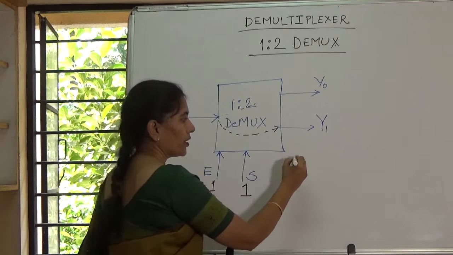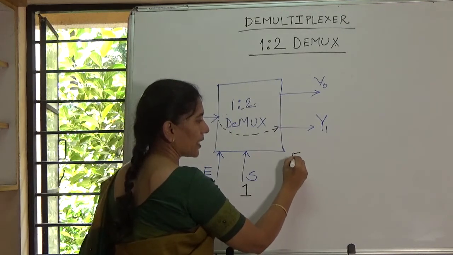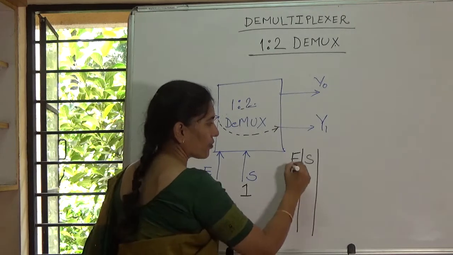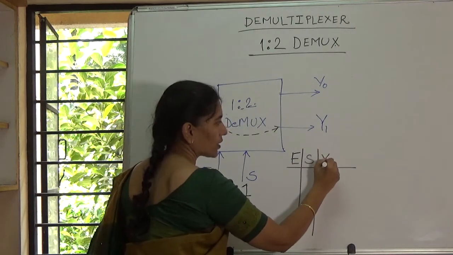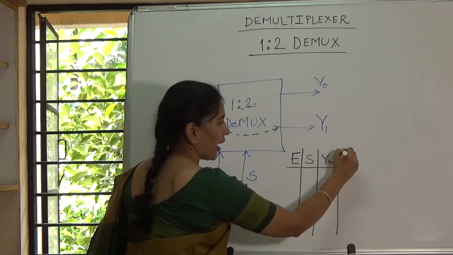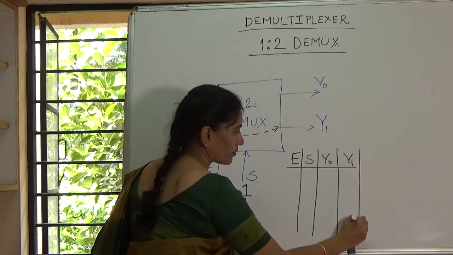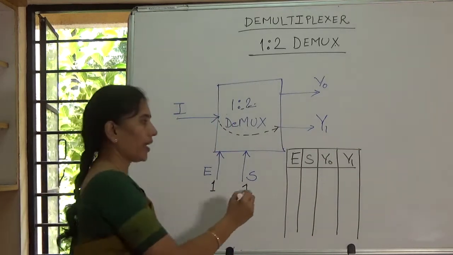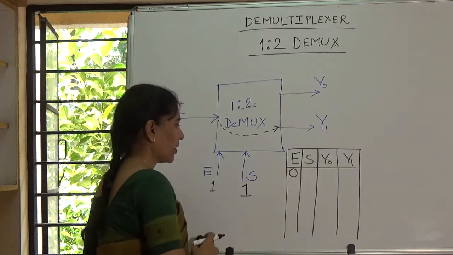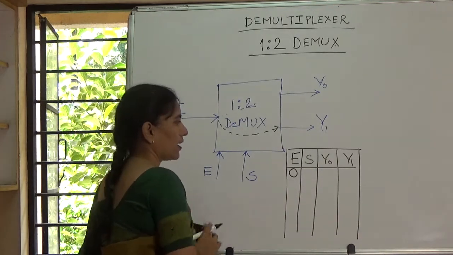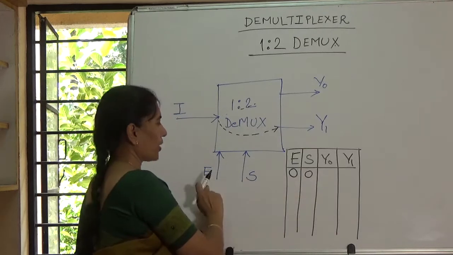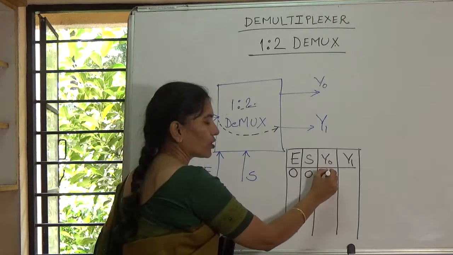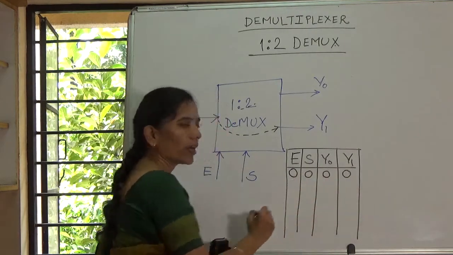So we have two inputs, one is E, the other is S, and we have two outputs, one is Y0 and the other is Y1. So if E is 0 and S is 0, that means the demultiplexer itself is disabled, so both outputs will be 0, 0.